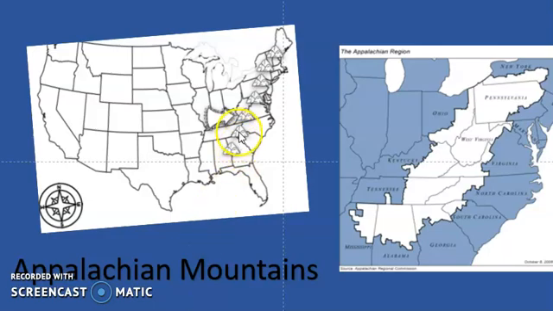So you can see that these little mountain symbols help us see that it starts in New York. They go through Pennsylvania, West Virginia, Kentucky, North Carolina, Tennessee, South Carolina, Georgia, Alabama, and Mississippi. So they go all the way from Alabama up to New York.